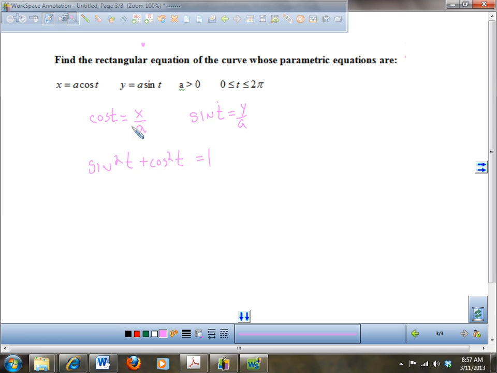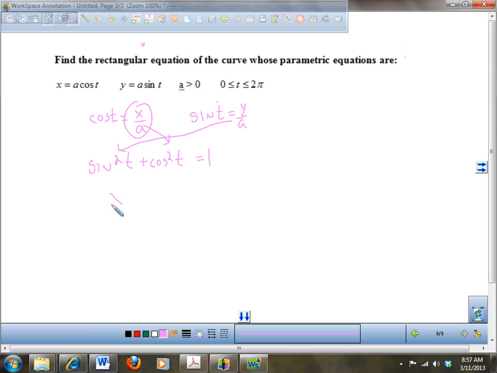Okay? So the reason this makes a circle is because based on this relationship, what I can do is take this and plug it in here, and take this and plug it in here.